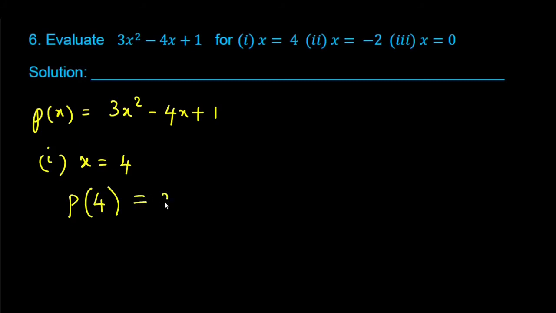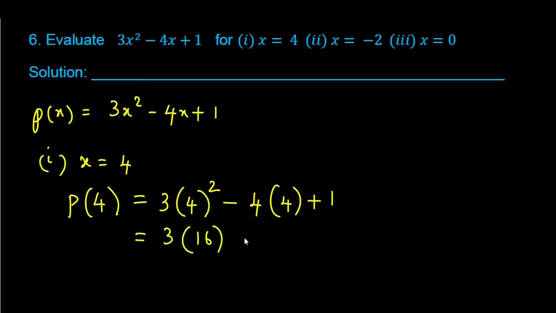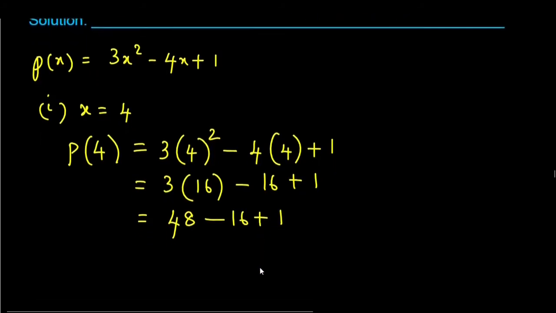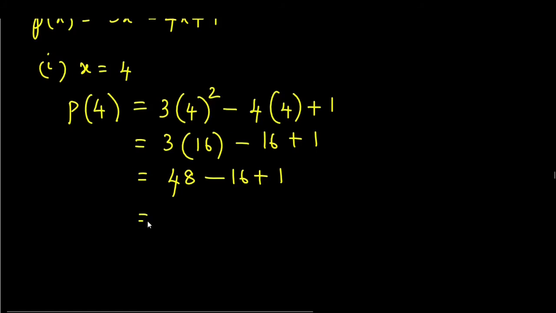P of 4 is equal to 3 into 4 square minus 4 into 4 plus 1. 4 square is 16, so 3 into 16 is 48, minus 16 plus 1. 48 minus 16 is 32. 32 plus 1 is 33.